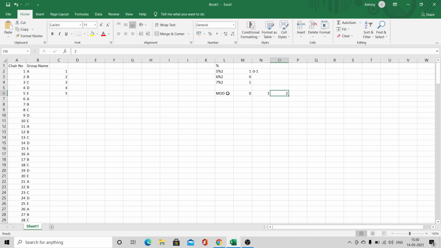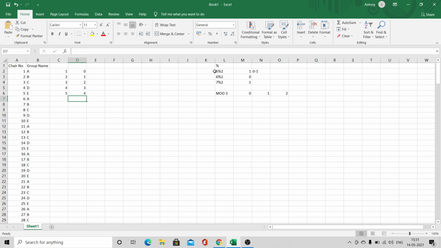Here, how many outputs are there? Five outputs are there, right? If I start it as 0, 1, 2, 3, 4, how many outputs are there? Five outputs.